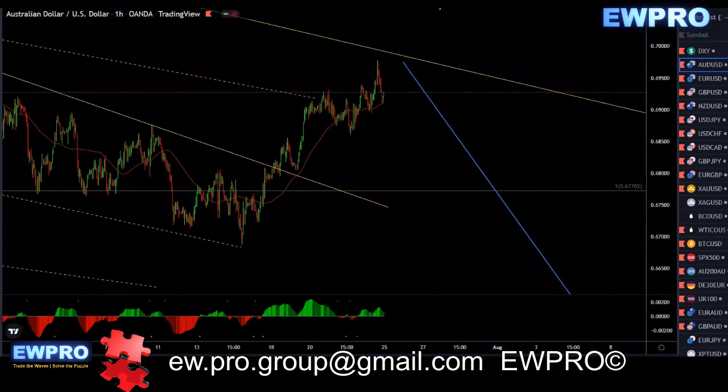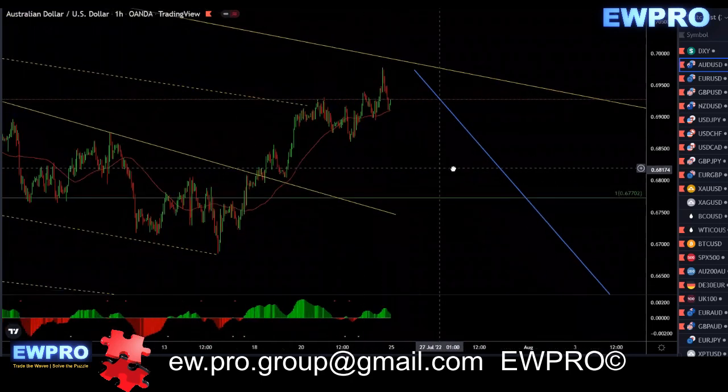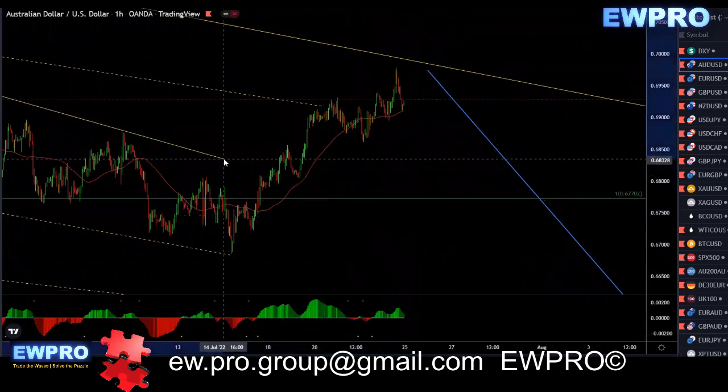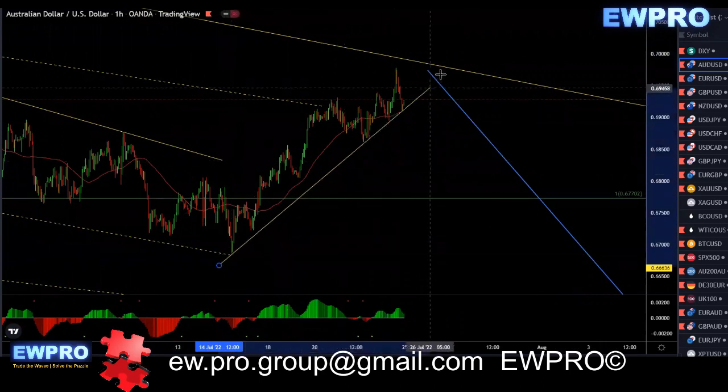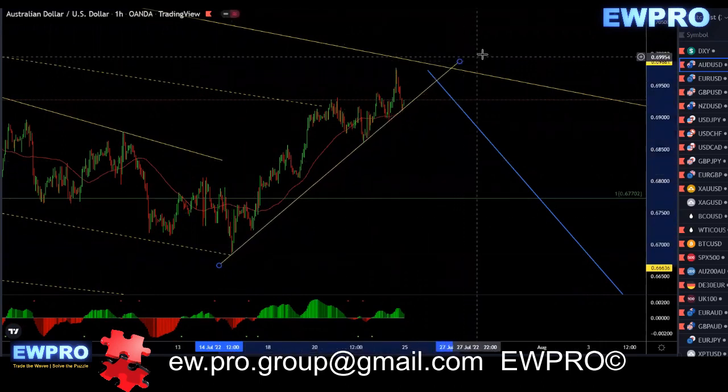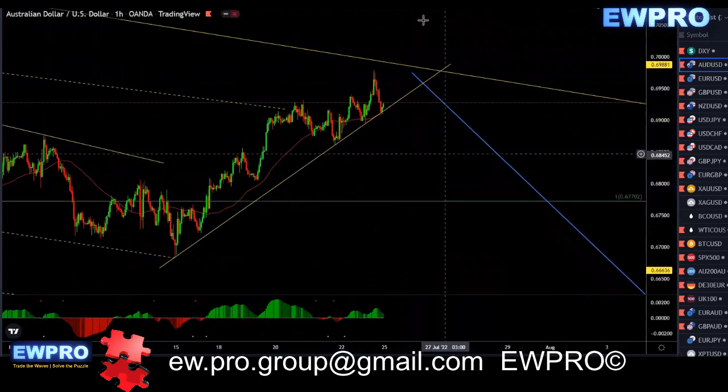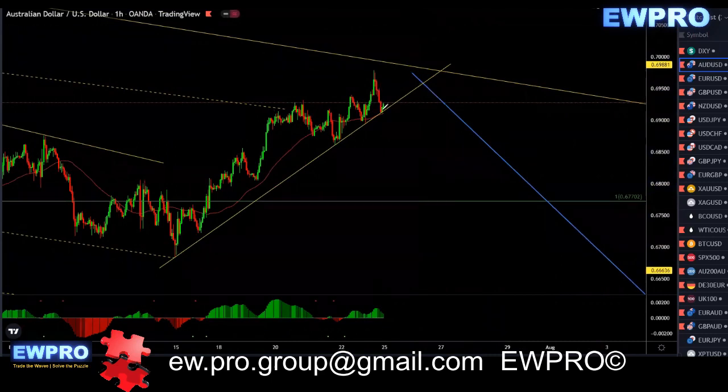Last week I said if you get any short setup, you could look for the sell. If you took this, you either got break even or you took a little hit. Now we're getting bearish divergence, so it's very risky to buy.